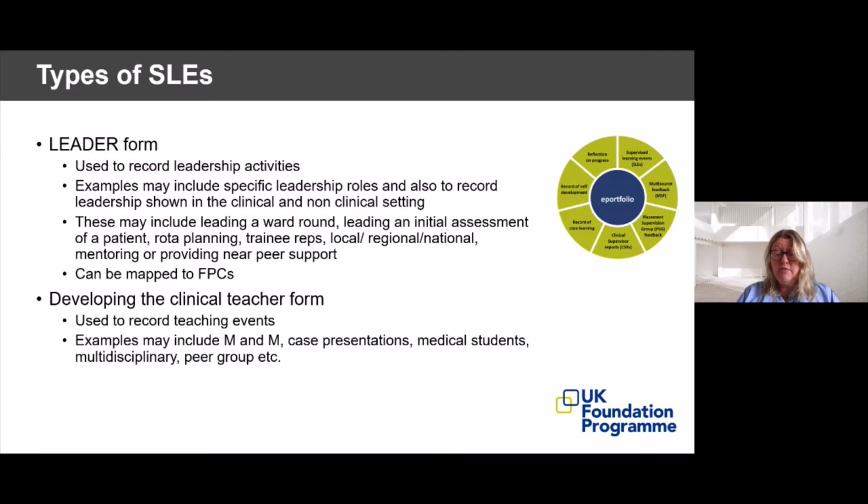The DCT form is the developing the clinical teacher form. It's a form that you can use to record any sessions where you have taught others. You may want to use the Learn form in place of the LEADER form and the DCT, and this is perfectly acceptable. The choice is up to you. Next slide, please.